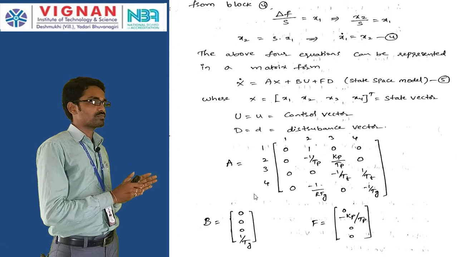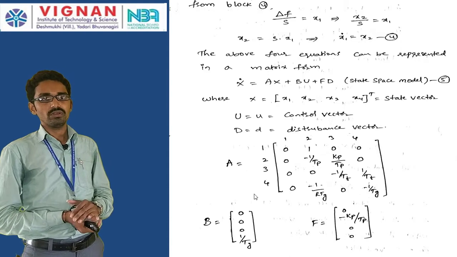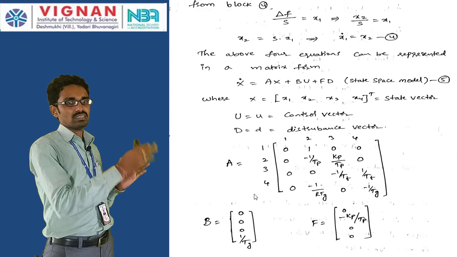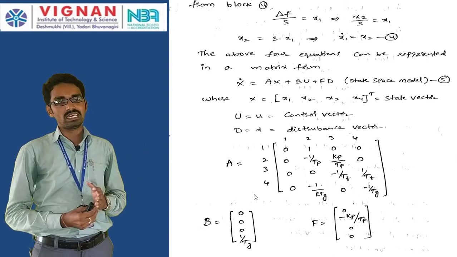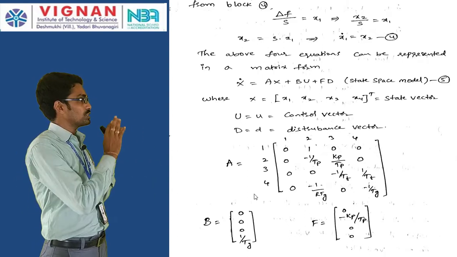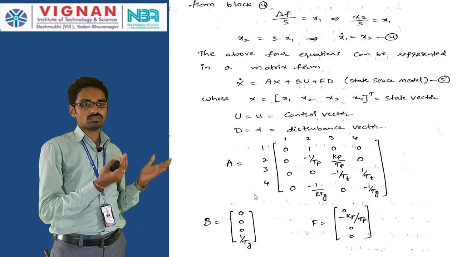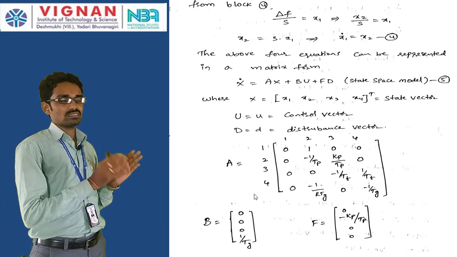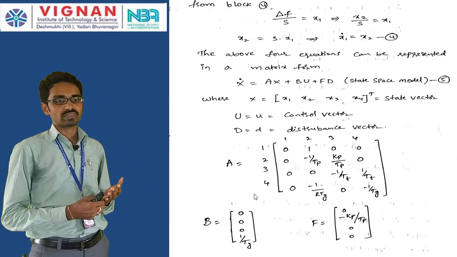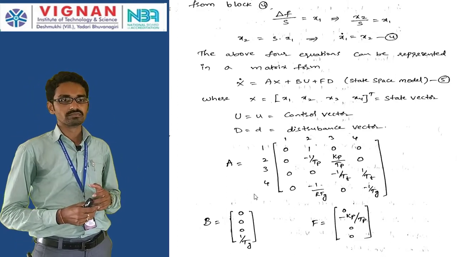Our state space model is x dot is equal to Ax plus Bu, y is equal to Cx plus Du, where x is equal to x1, x2, x3, x4 transpose, that is nothing but your state vector, and u is a control vector. It may be a small u or you can consider capital U. In some textbooks it is considered as capital U, in some as small u. If I consider the disturbance vector, that is d, the disturbance vector.